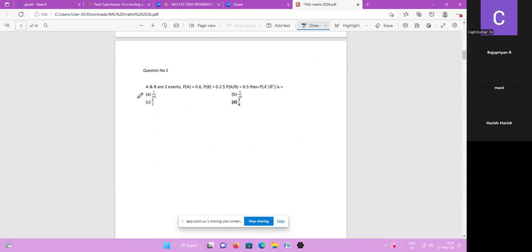For any probability question, first of all, write down all that is given. This given information will play the important role. So, given that probability of A equals 0.6, probability of B equals 0.2, and probability of A given B is 0.5, they are asking for probability of A given B bar.